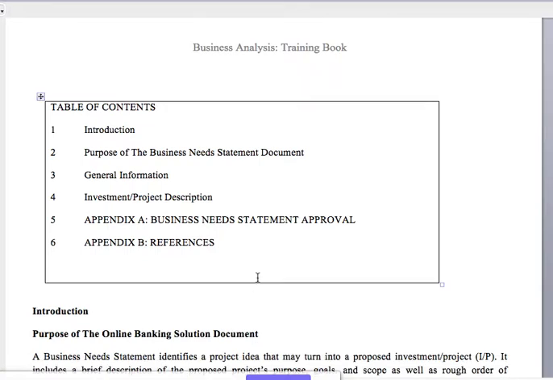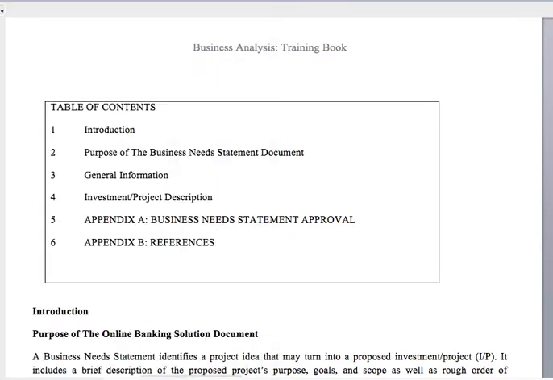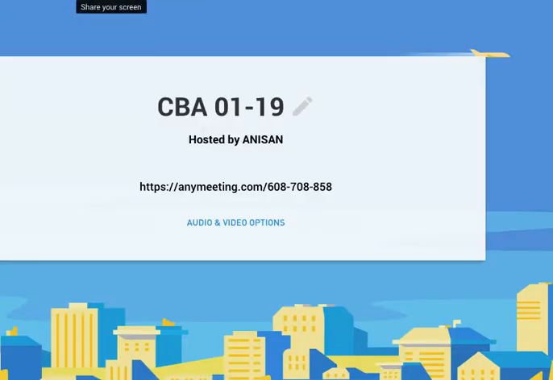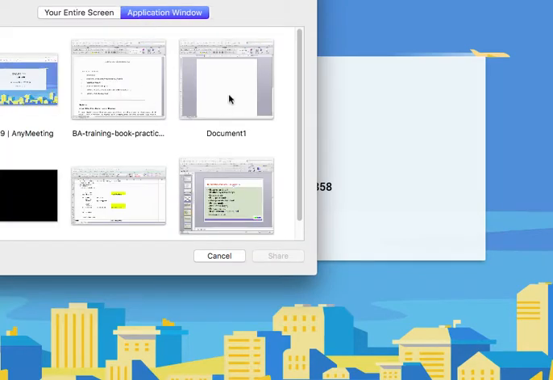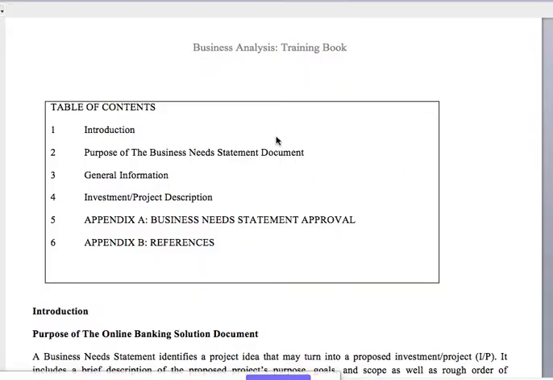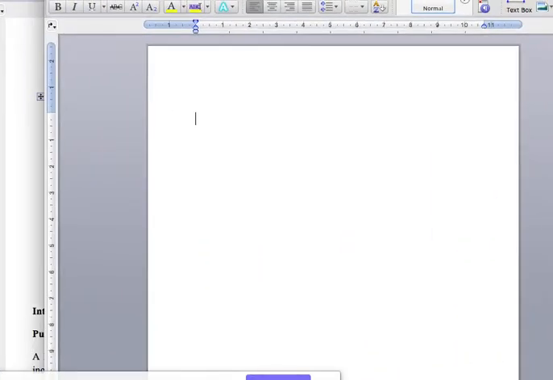I have to just open another document. Just let me stop this sharing. I'll open another document. Can you see the blank Word page?